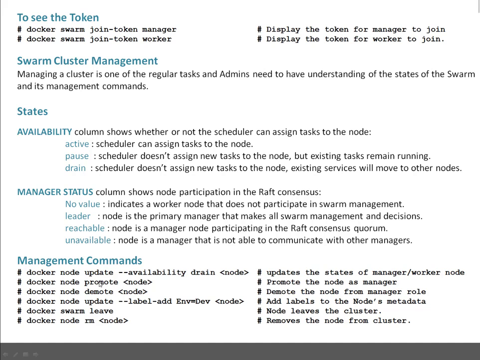Docker node promote. Basically, this command promotes a worker to a manager. Docker node demote, then the node ID or node name. This particular command demotes a node from manager to worker only. Docker node update --label-add, then whatever label you want.